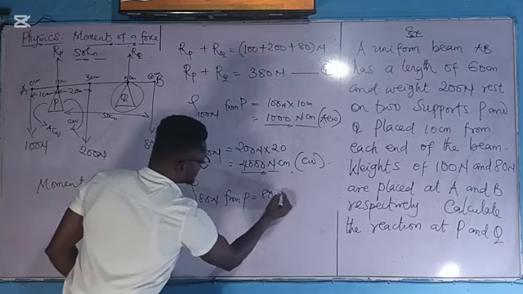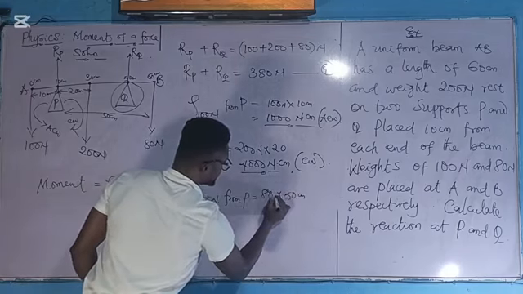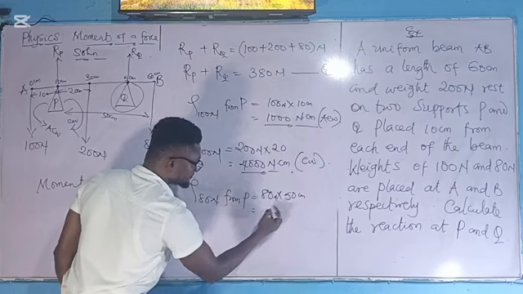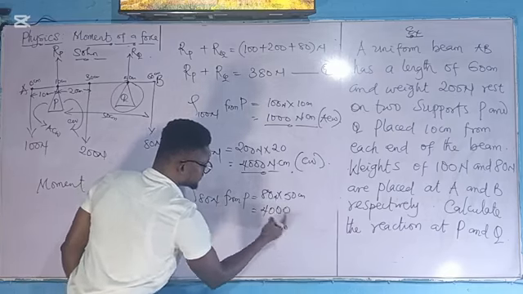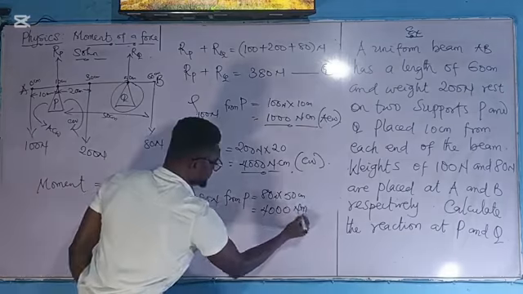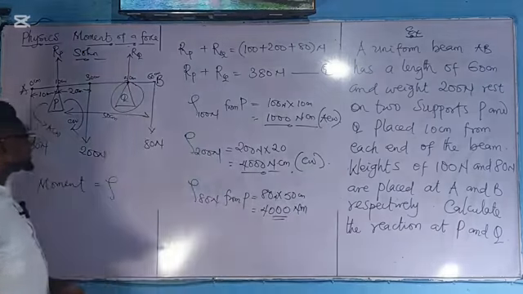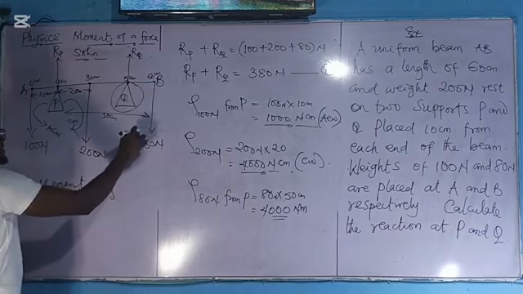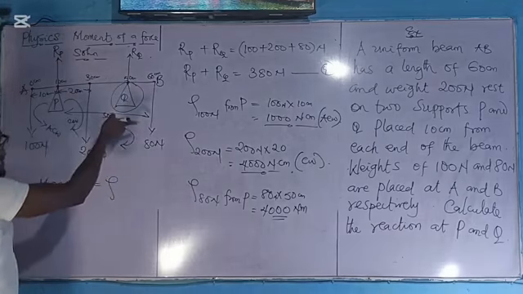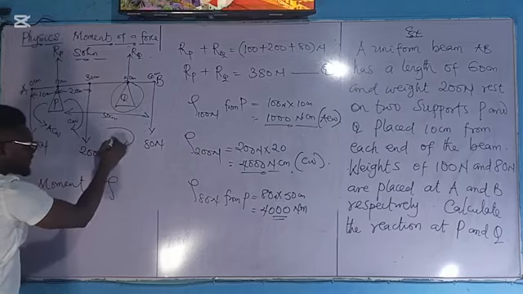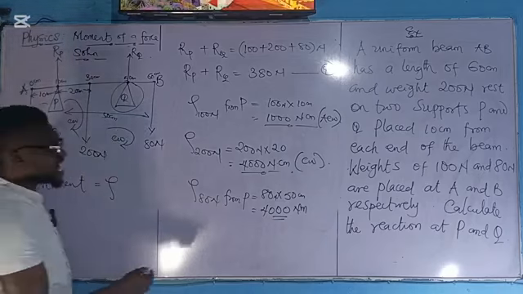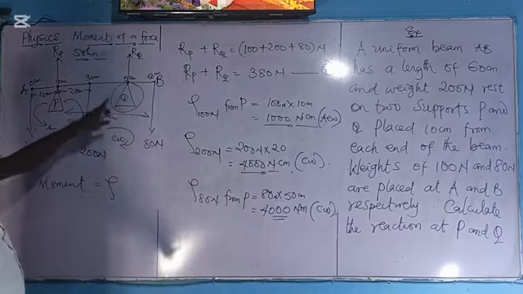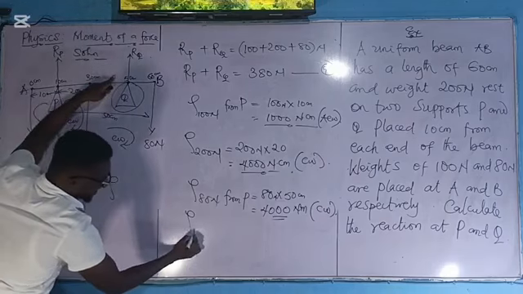So we have 80 Newton times 50 cm. 8 times 5 will give 40, right? So we add 2 zeros. So we have 4000 Newton centimeter. So this is the moment of 80 Newton. Now, check the direction of it. In this very direction, it moves. That should be what? Yes, clockwise. So we have it to be what? The clockwise moment. Now, what about the moment of RQ?